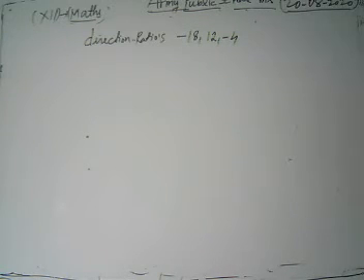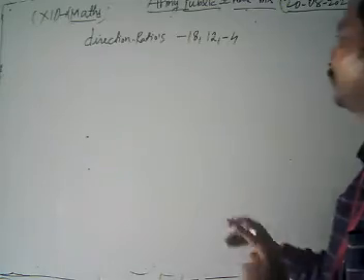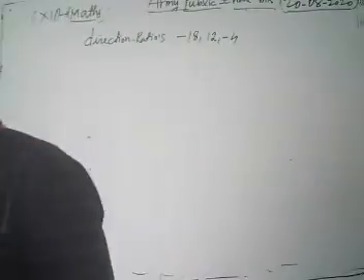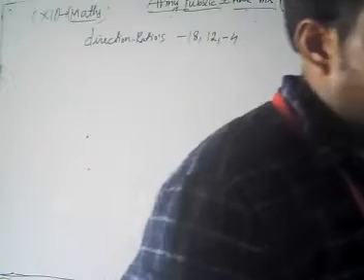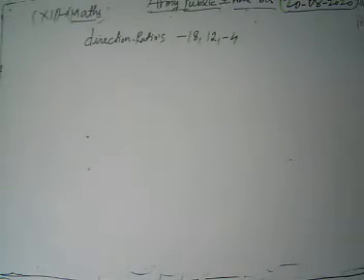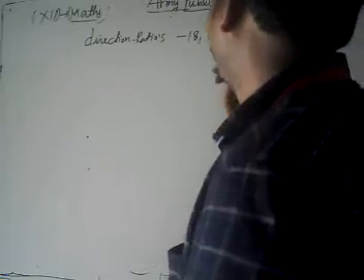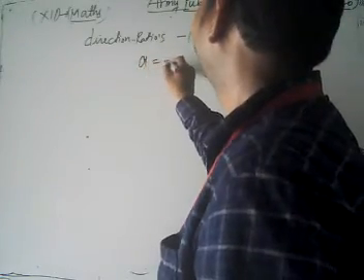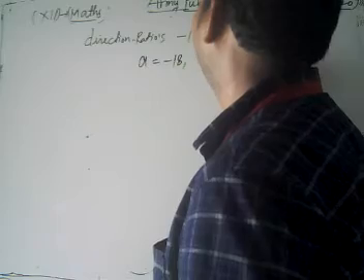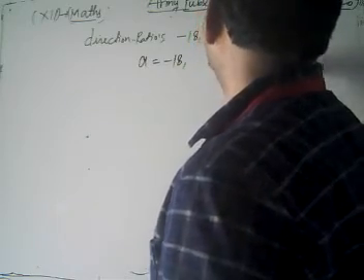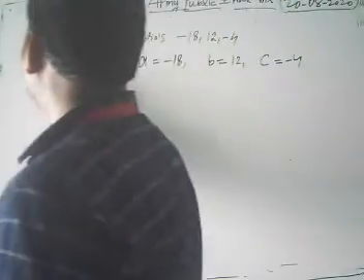We have been given direction ratios, and we have to find its direction cosines. Here A is minus 18, B is 12 and C is minus 4. Now we have to find the values of L, M and N.